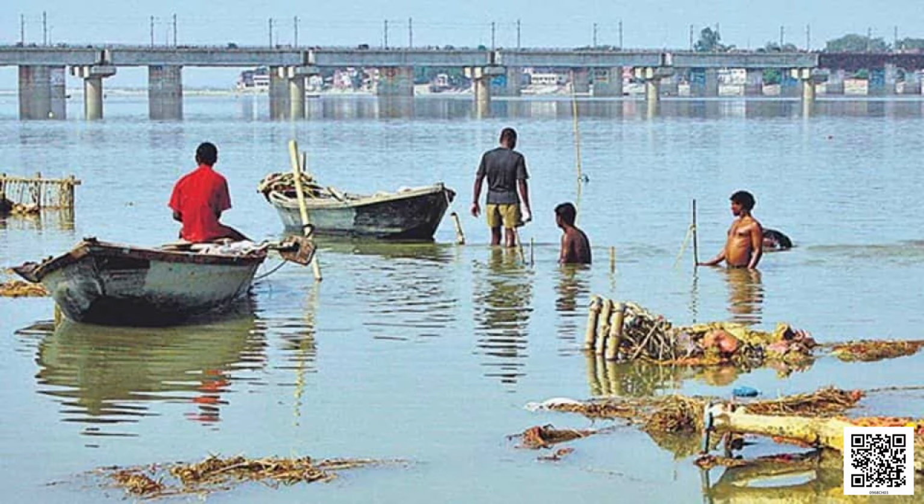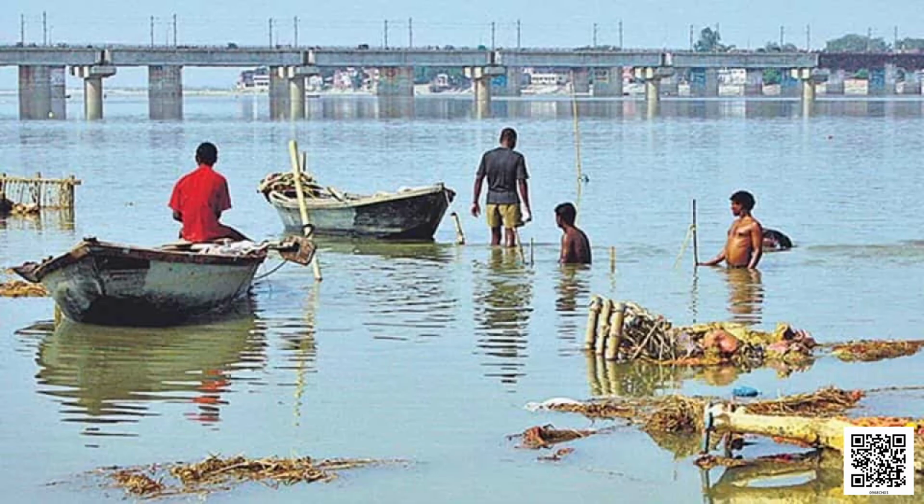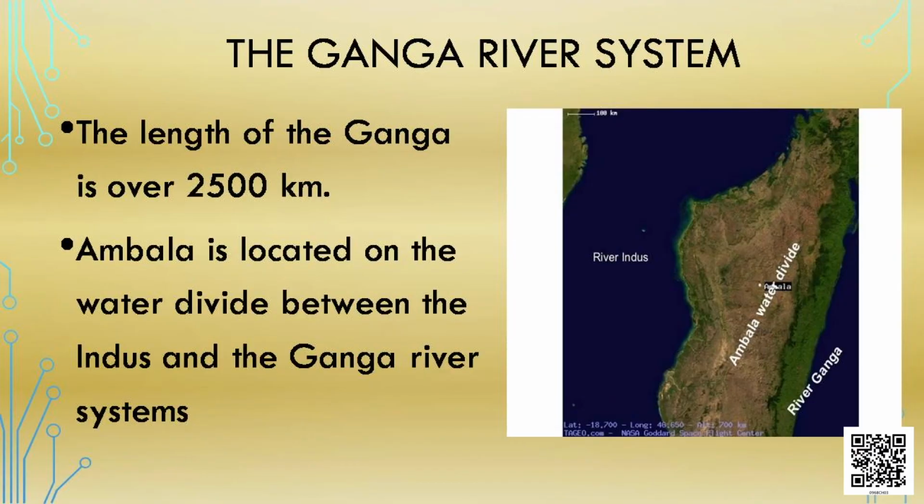The river also contains reptiles and mammals, including critically endangered species such as gharial, South Asian river dolphin. The levels of fecal coliform bacteria from human waste in the river near Varanasi are more than 100 times the Indian government's official limit. The total length of this river is 2,500 km.